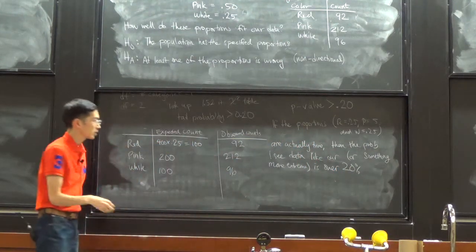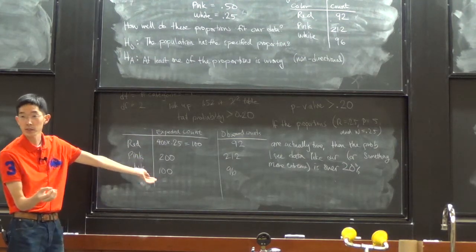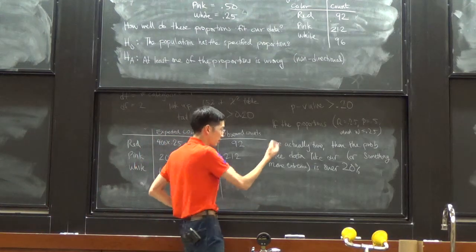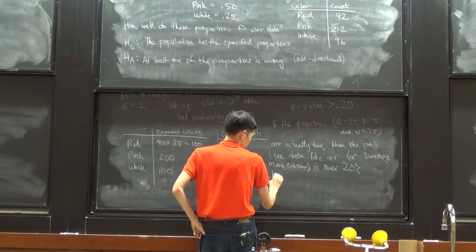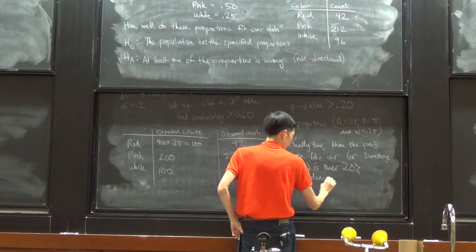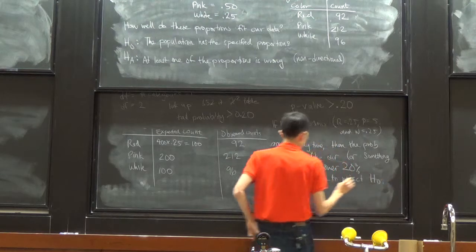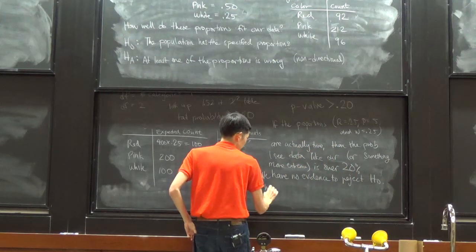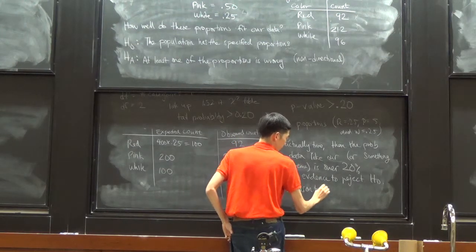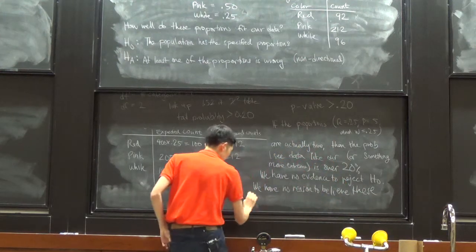So we have no reason to reject the null hypothesis. Or we have no reason to reject these specified proportions. We have no evidence to reject the null hypothesis, sorry. We have no reason to believe these proportions are wrong.